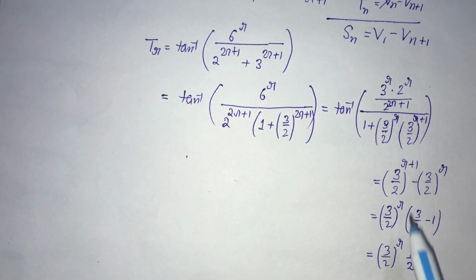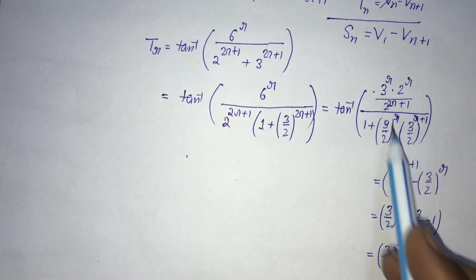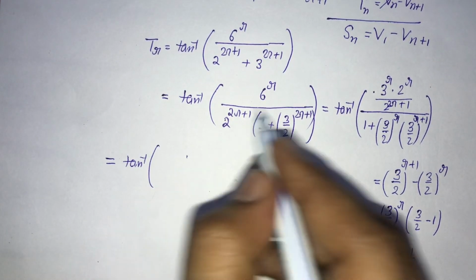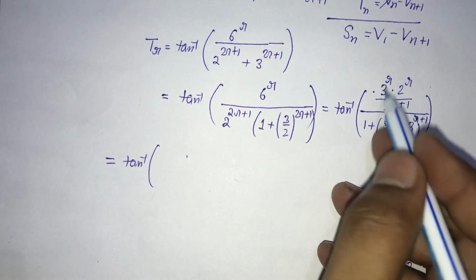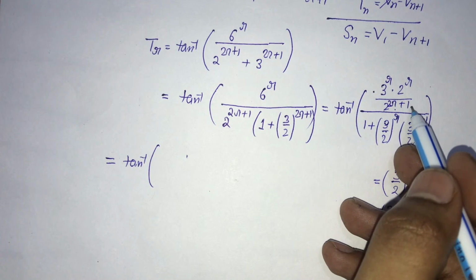Now see whether this is same as this or not. So this is basically tan inverse 2 raised power r, 2 raised power r. You can write it like 2 raised power 2r into 2 raised power 1.